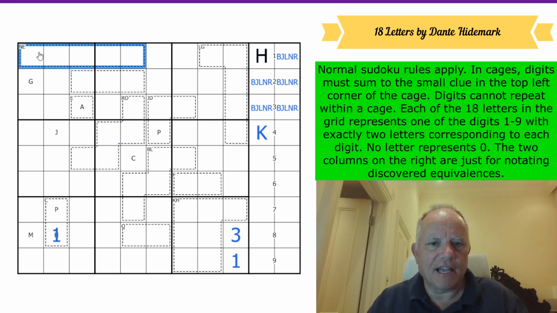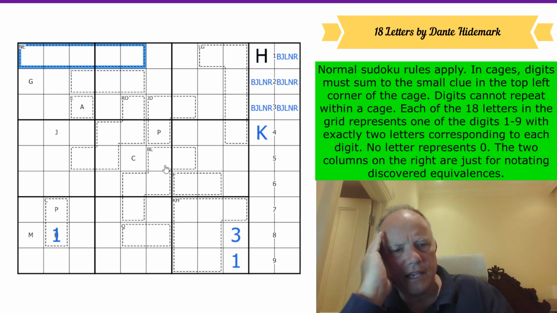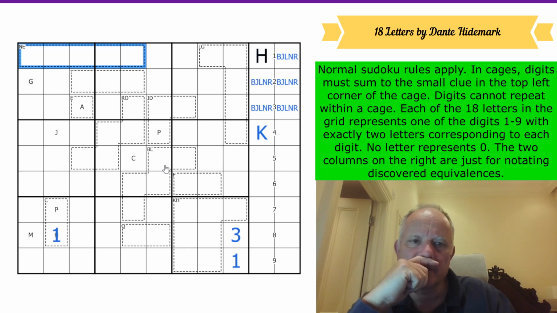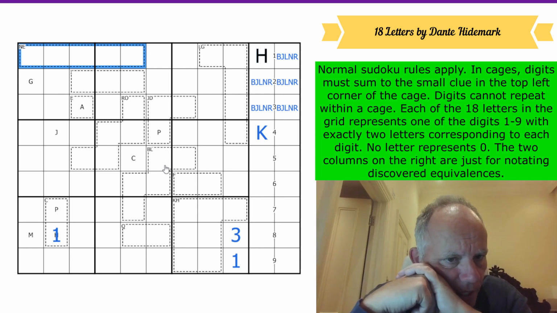LG and NE have to be at least, if they contain a 3 as a tens digit, they have to be at least 34. I don't know that that's helpful yet. Irritating. No, I don't really understand what to do with that information.